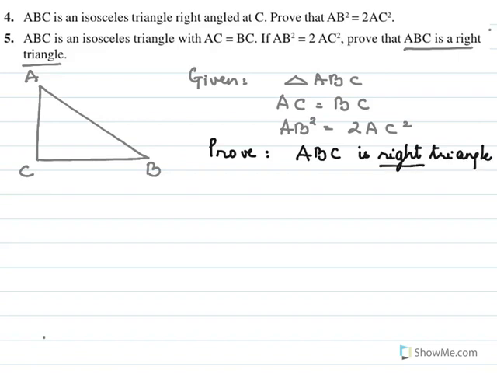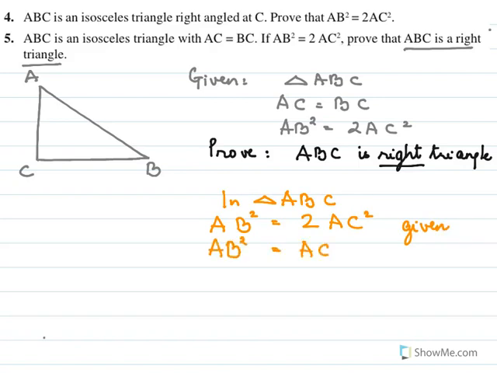Now I need to prove it's a right triangle. That means I'm using Converse of Pythagoras here. So let's start with the proof. So in triangle ABC, this is given AB square equal to twice AC square, given to me, which means AB square equal to AC square plus AC square.